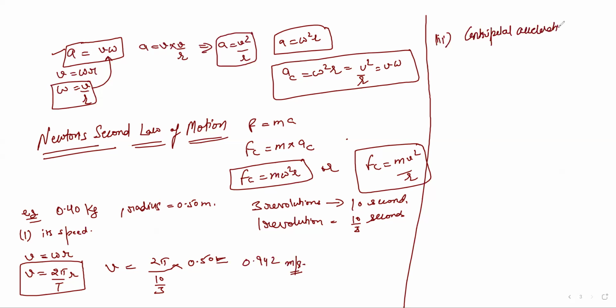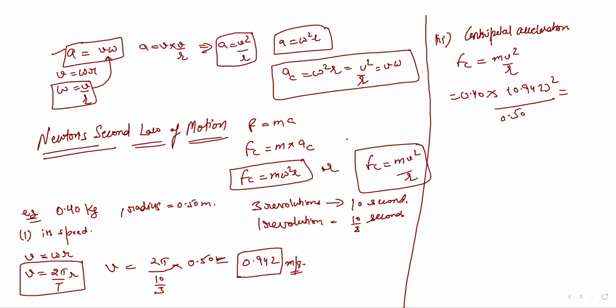Centripetal acceleration we have to find. And we have done that force is equal to mv square by r. Mass is given, 0.40 kg, multiplied by velocity. I will suggest that if you have taken a rounded off value here, when you are calculating, you take the original value, or you can take this 0.942 square divided by r. R is 0.50. You will get the value of centripetal force, sorry.